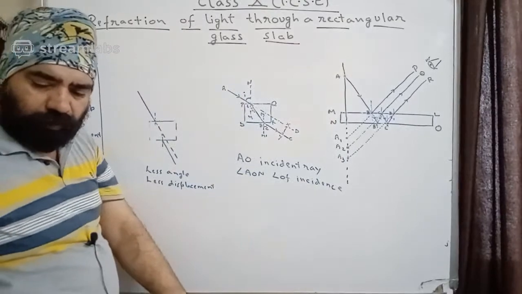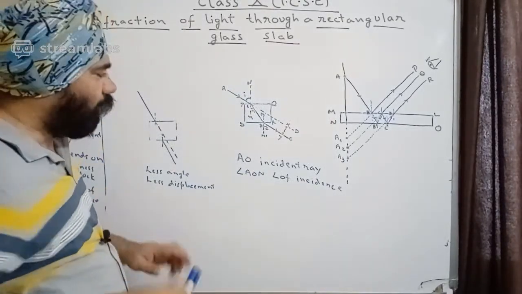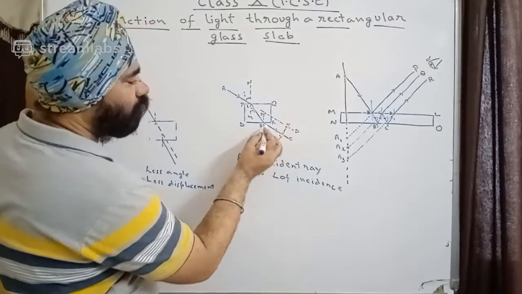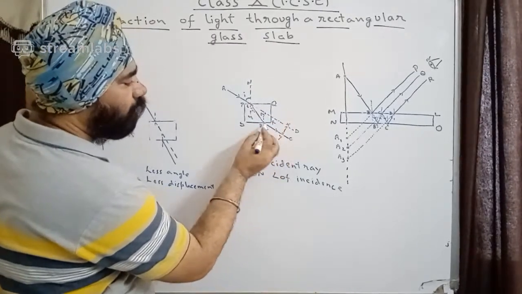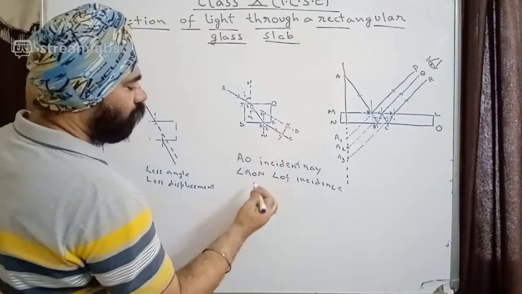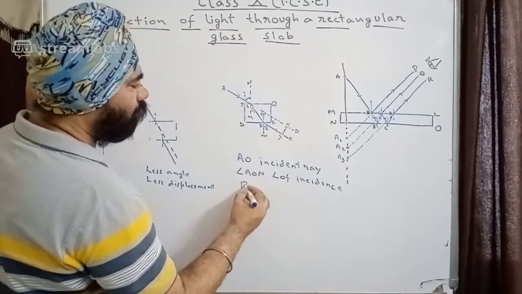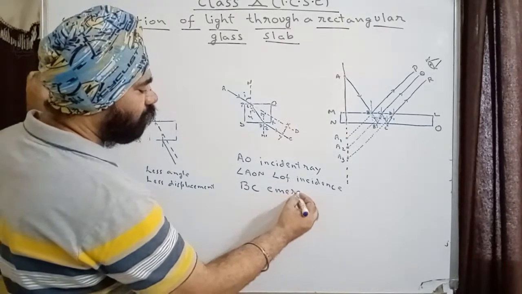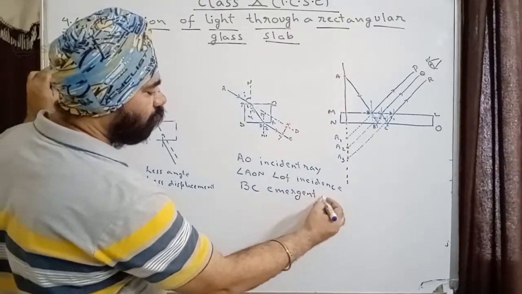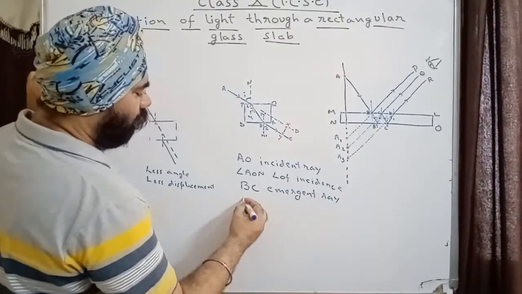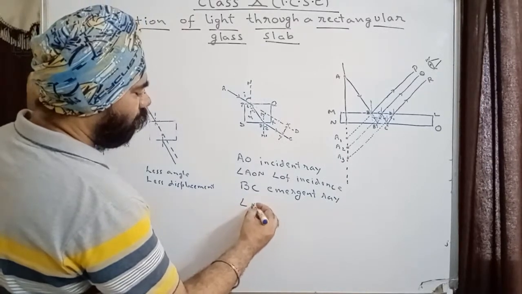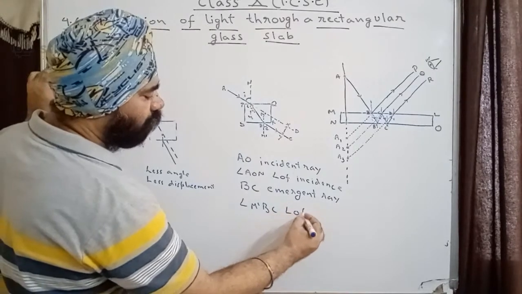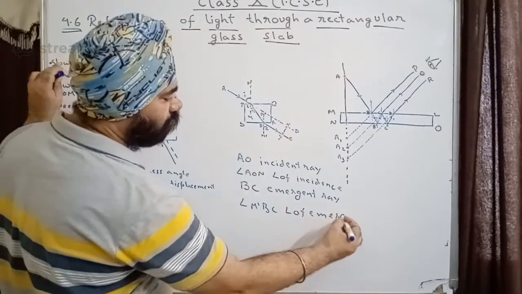Got it? So when it comes out over here, I draw a normal N dash M dash, and I draw a line along where it emerges. So now here BC is my emergent ray, and angle M dash BC is the angle of emergence.